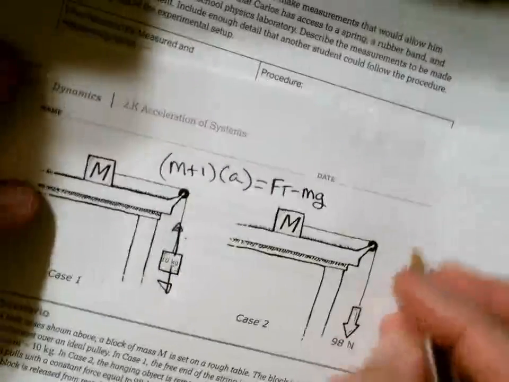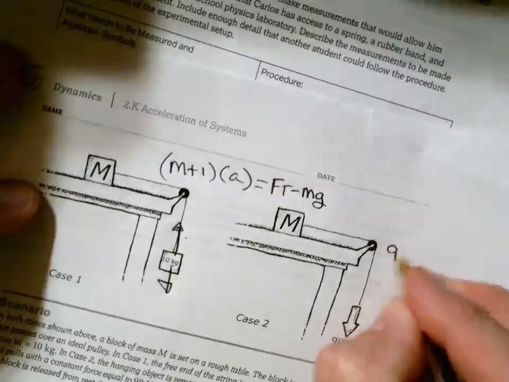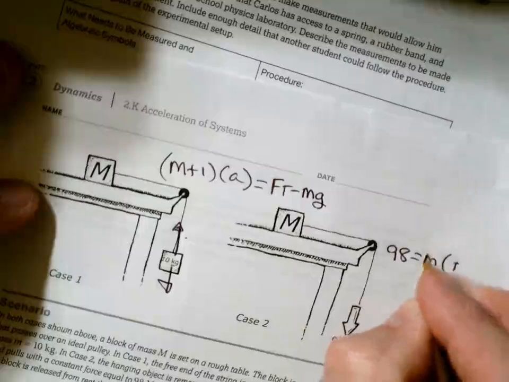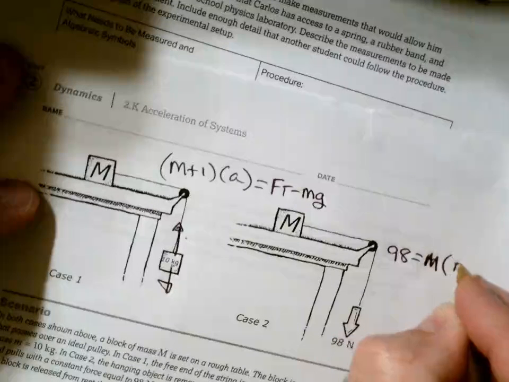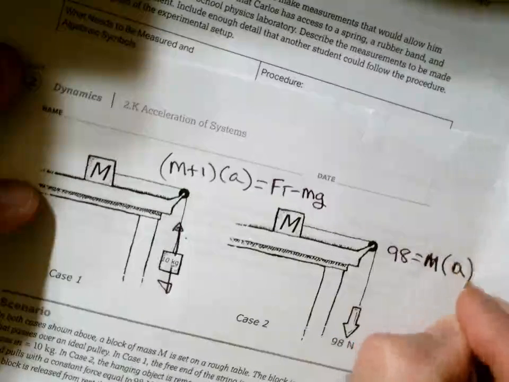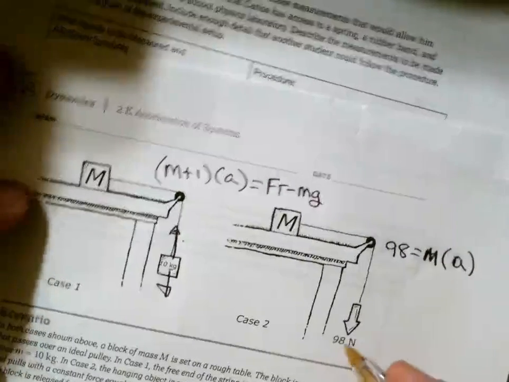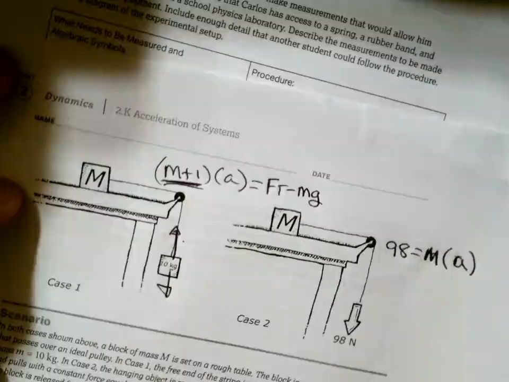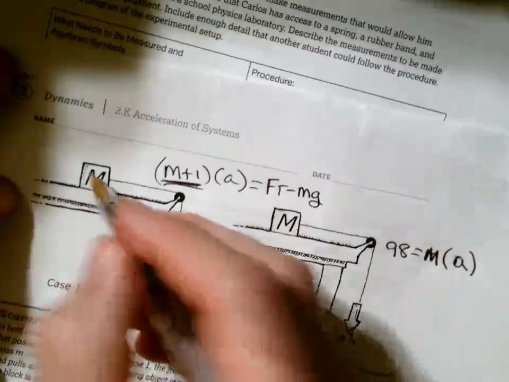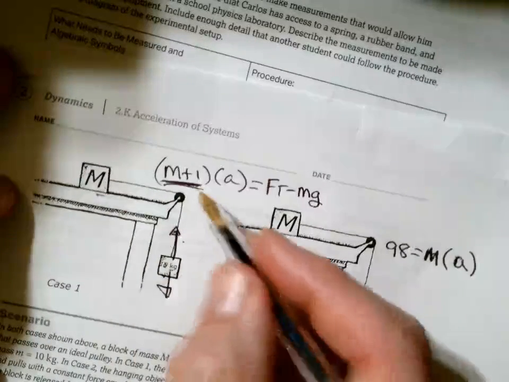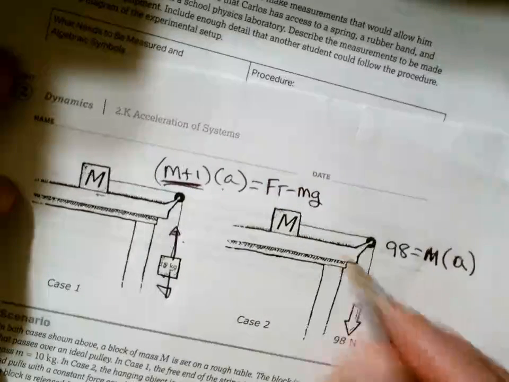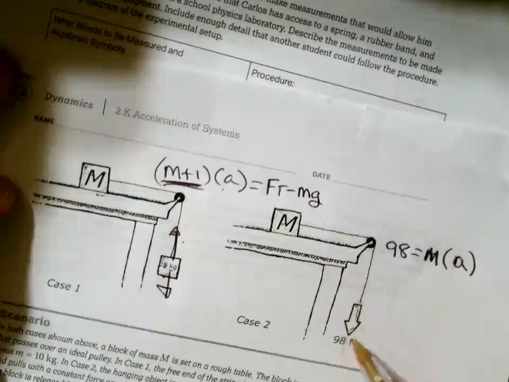And over here, the net force is just equal to 98, which is equal to big M times the acceleration. So you can see we have more mass involved on this side. In this situation, we have the mass of both of them, which is slowing it down. And here we just have the mass of this. This is a pure force here pulling it down.